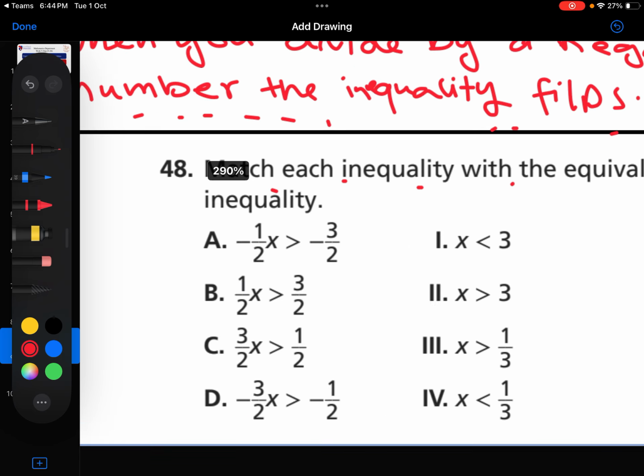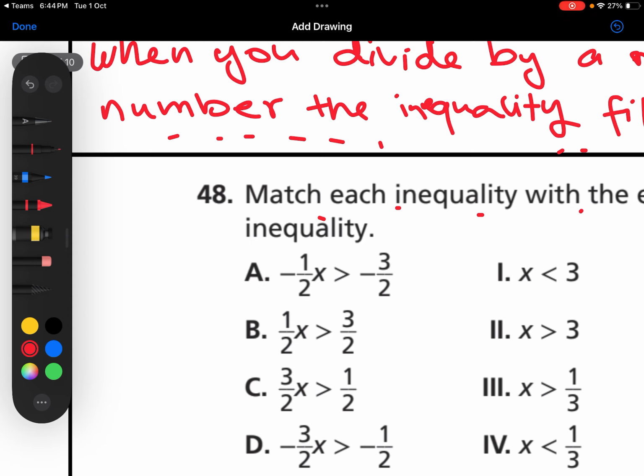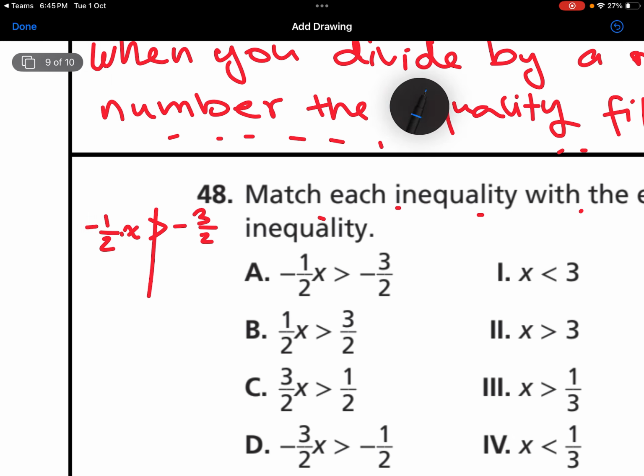Okay, let's do it. So we have this one. Let's take it on the side. A: -1 over 2 x more than -3 over 2. To cancel a fraction, it's always better not to divide by the fraction. It's not nice to work with division of a fraction. You can multiply by the opposite or reciprocal of it.